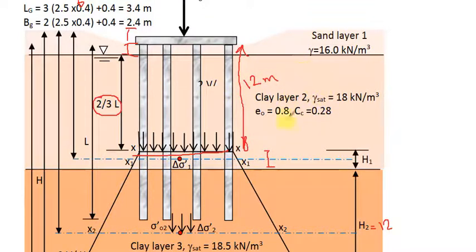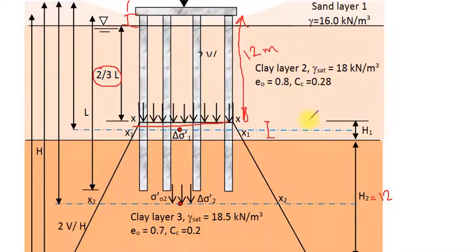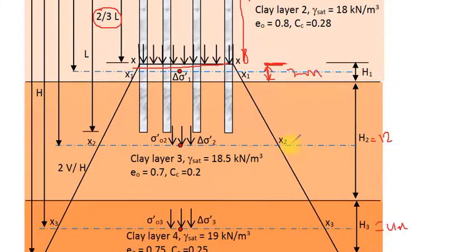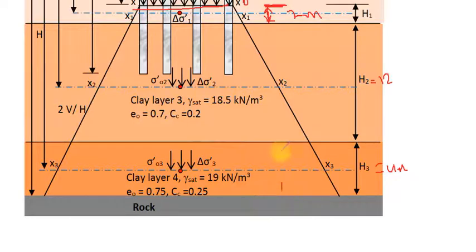This layer is a clay layer, but we will consider the clay layer under the equivalent raft. Therefore, the clay that will be included in computing the consolidation settlement will begin from the level of the equivalent raft. The first layer will be 2 meter, and this is the second layer in different color, and this is the third layer.